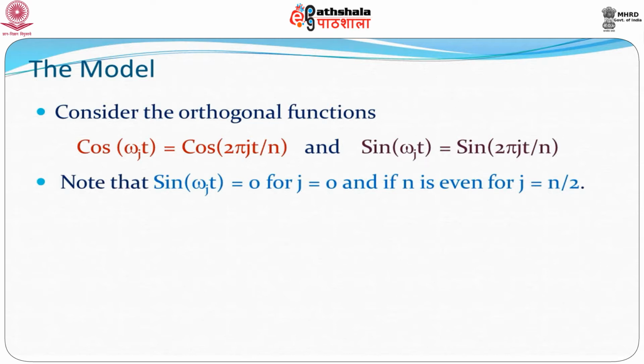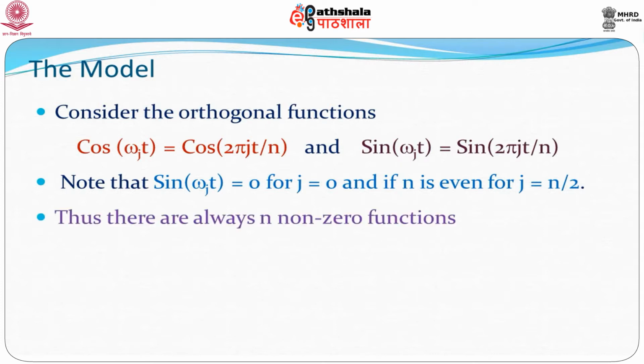Notice something here, that sin omega j t is equal to 0 when j is equal to 0, because in this case you have sin 0, and if n is even, when j is equal to n by 2, it becomes simply pi t and it becomes again 0. So, in this case you have these two sine functions equal to 0.